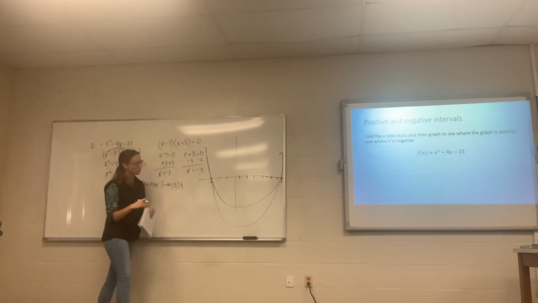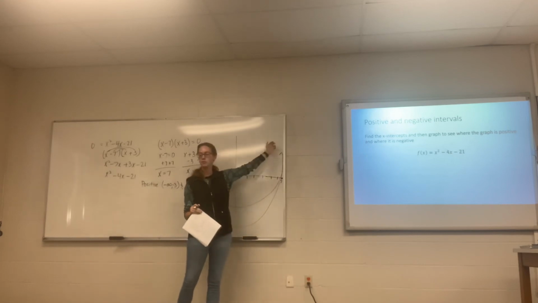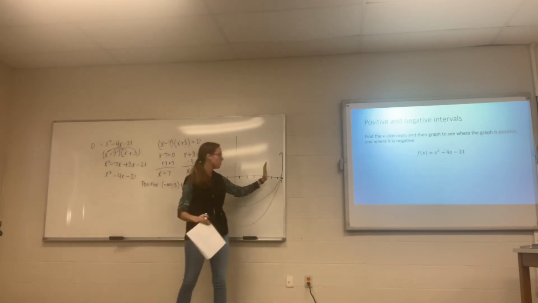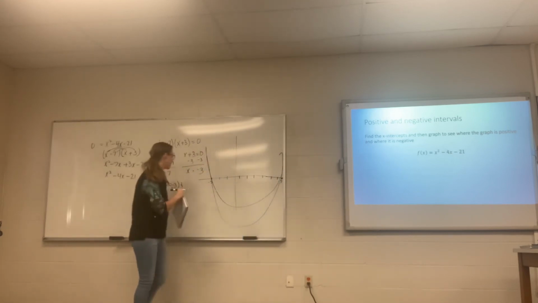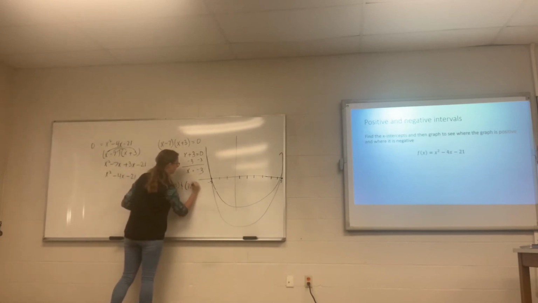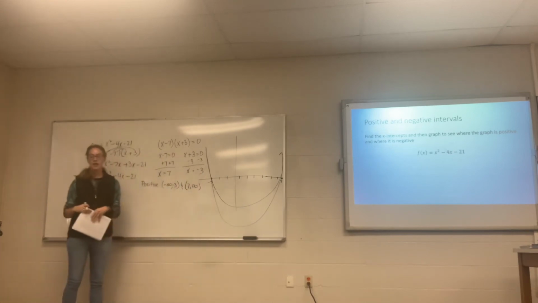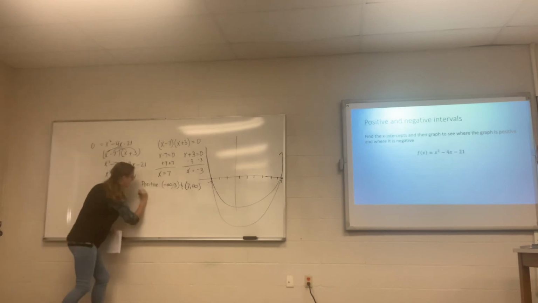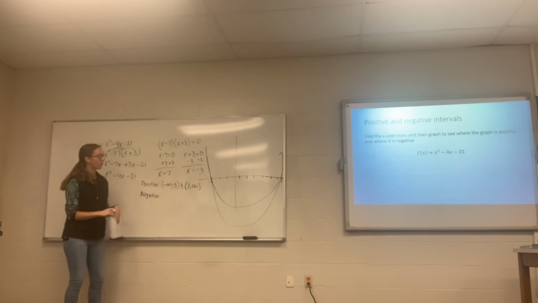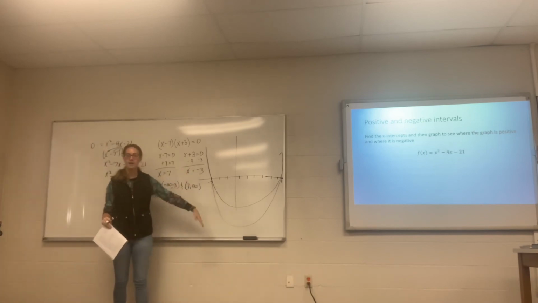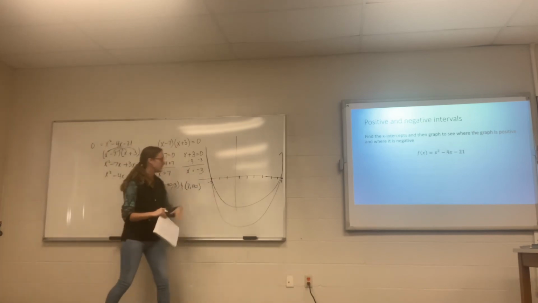And also on this side over here, it's above my x-axis from 7 out to positive infinity. And then my graph would be negative where it's below the x-axis, so from negative 3 to 7.